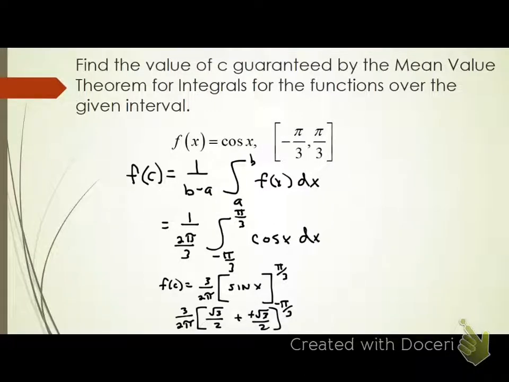So now f of c equals 3 square root of 3 over 2 pi. What did I ask for? Find the value of c. Now all we do is we say cosine of c equals this.